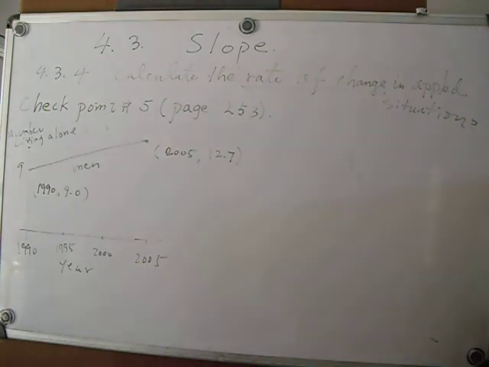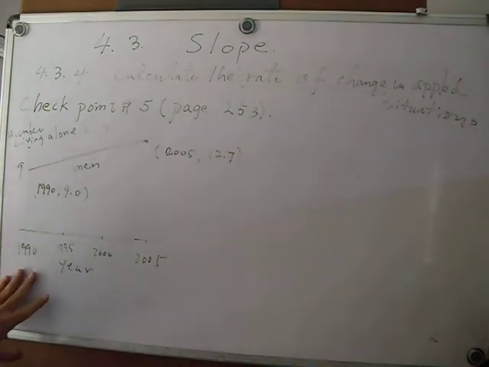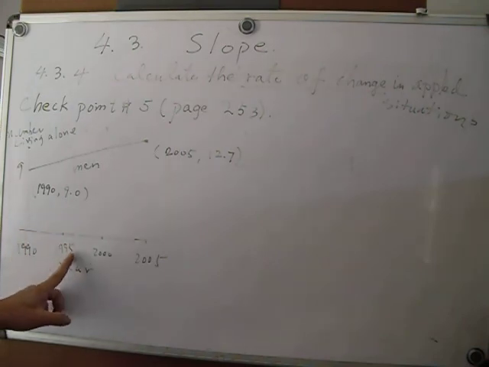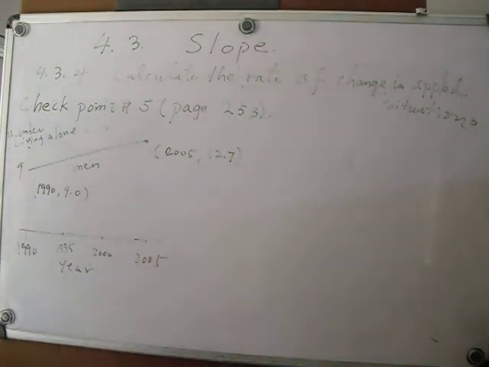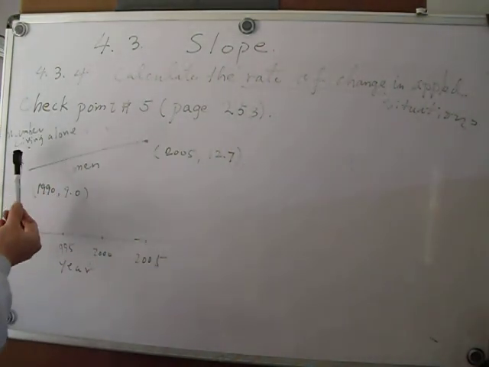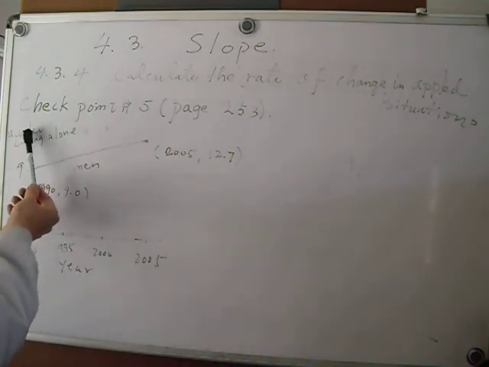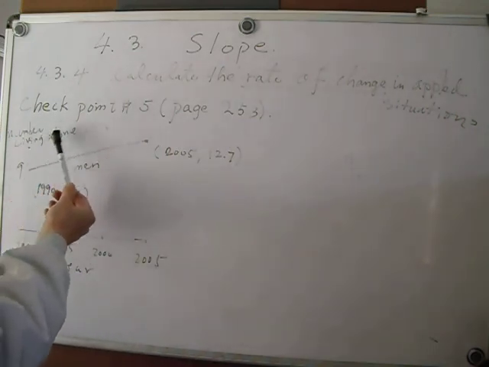Okay, in that example, we have a graph on page 252. On the horizontal line, the year. They show that pretty clearly: 1990 at year 0, 1995, 2000, 2005. And the vertical line here shows the number living alone.